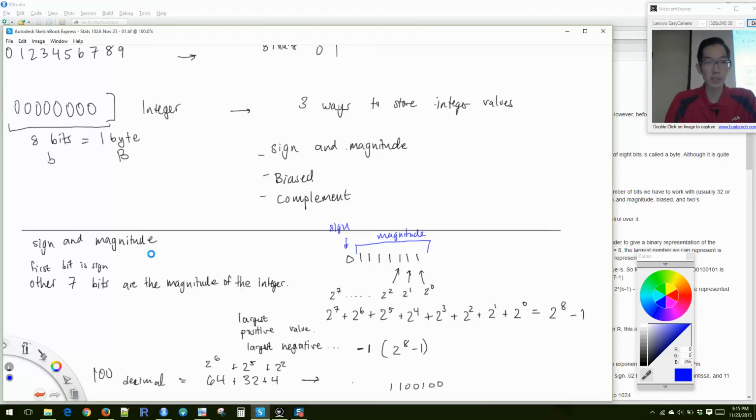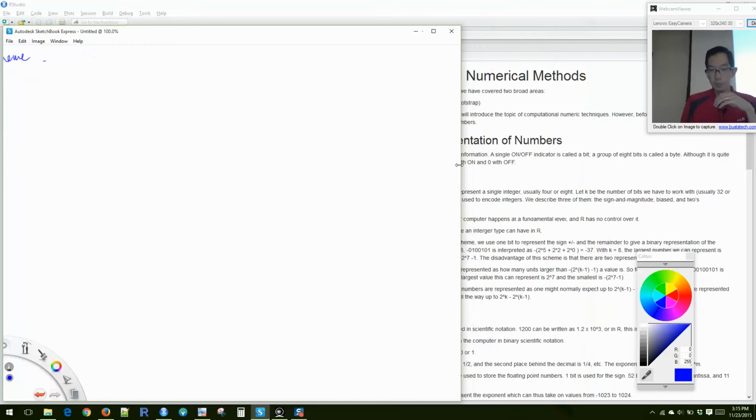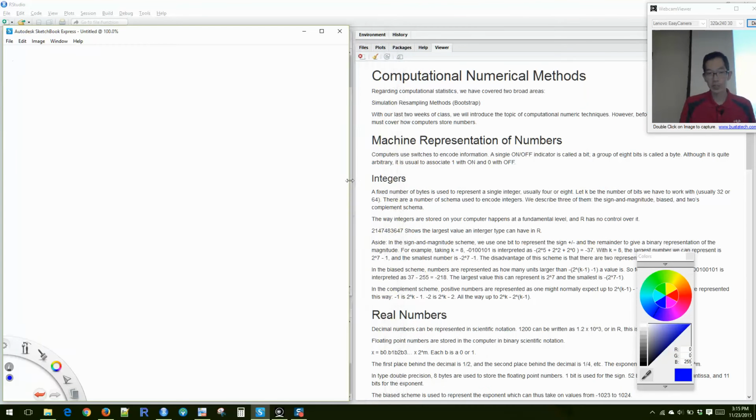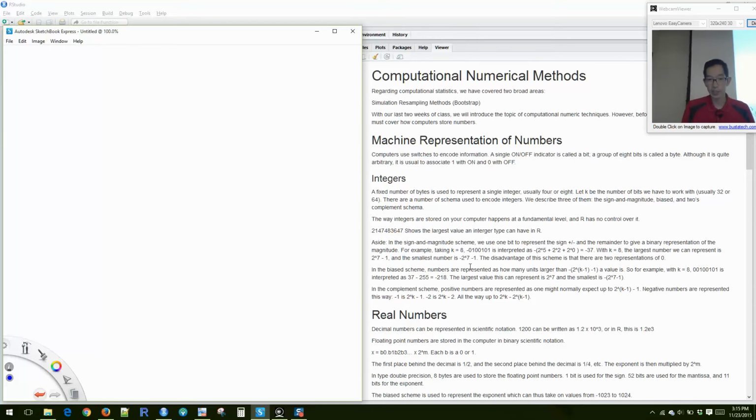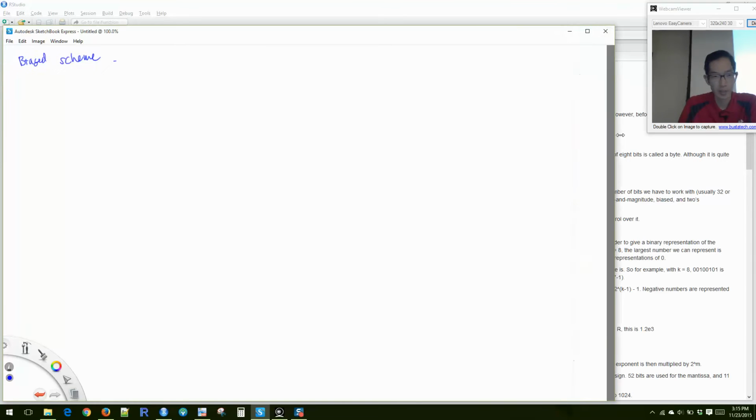So you have another scheme for storing decimals, and that's the biased scheme. Basically these numbers represent how much bigger it is than the minimum.